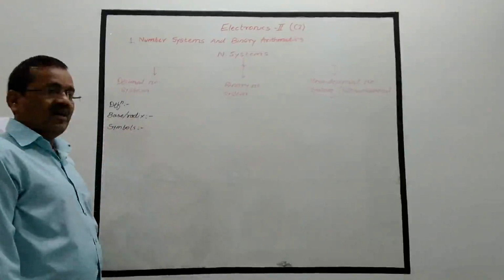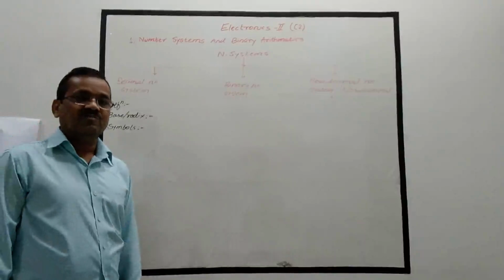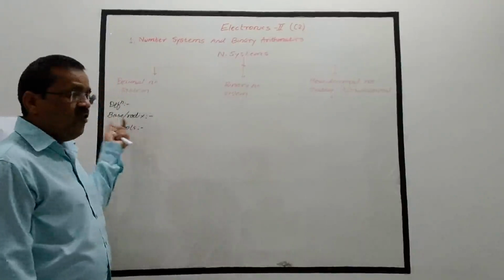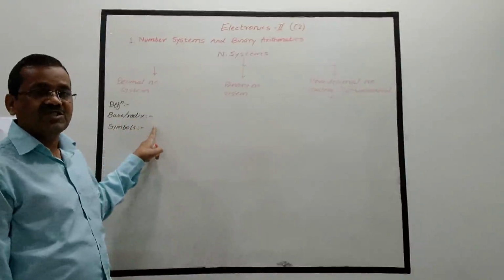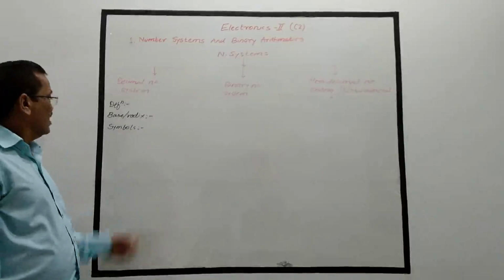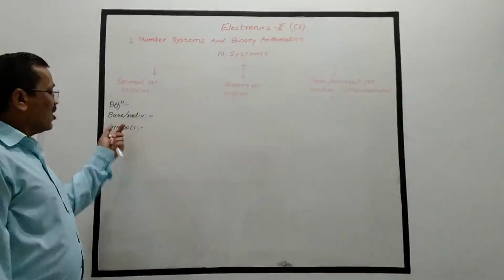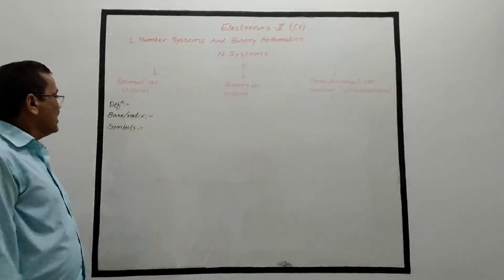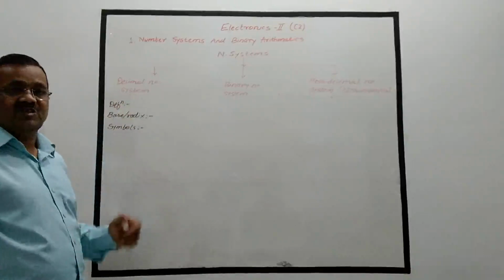Second, the base or radix is defined as how many basic symbols are used in that particular number system. Third, the symbols are the basic symbols or digits used in that number system.